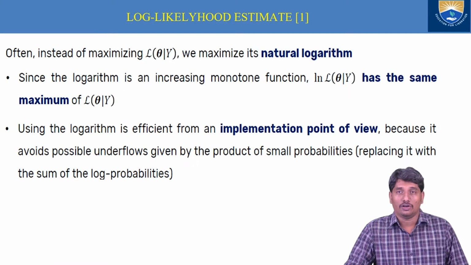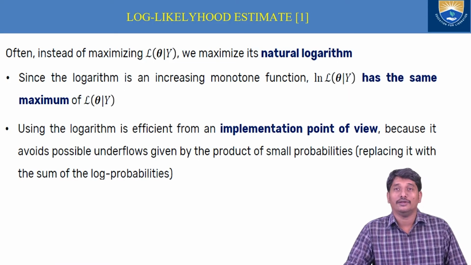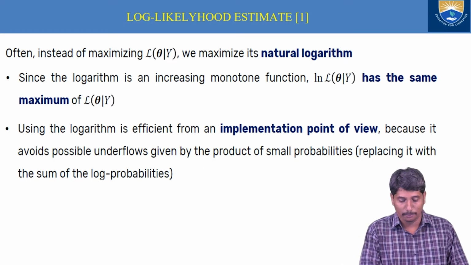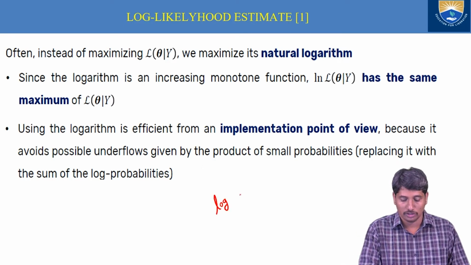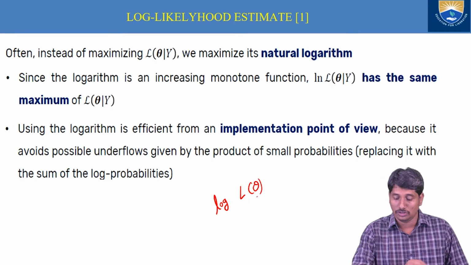Now, what is log likelihood estimation? Log likelihood estimation is nothing but applying logarithm on the maximum likelihood estimation. Suppose let us assume that we are applying a probabilistic distribution on a given data set. Say its density function is f of x comma theta.